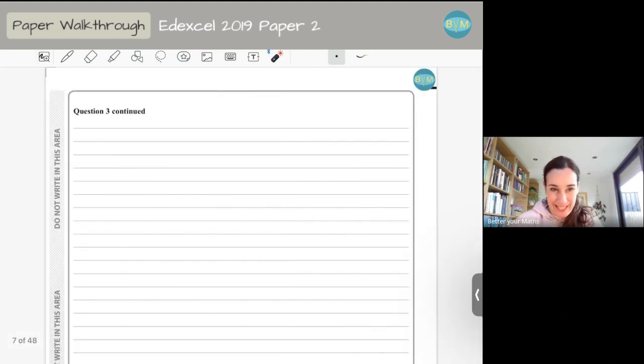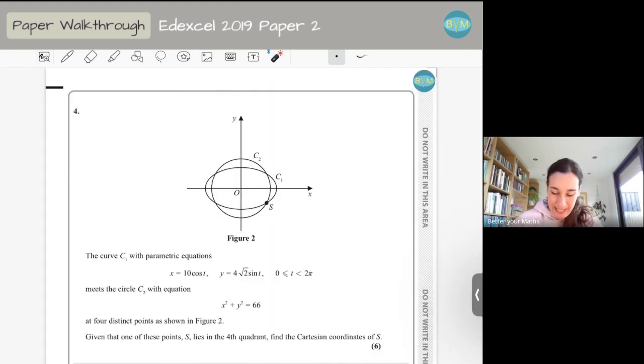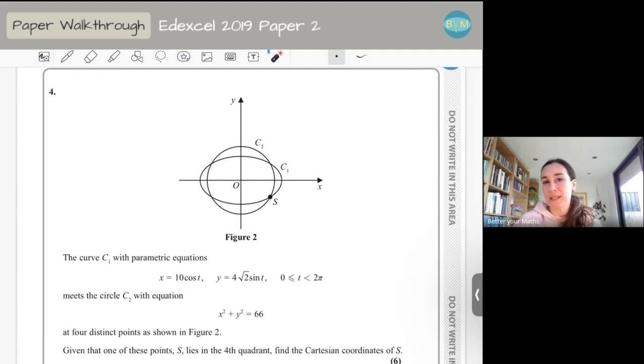Okay. Next one. This one is a parametric equation question, and it's a curious question. It's not the typical one where you have to find the Cartesian equation or a tangent or differentiate. Let's see.